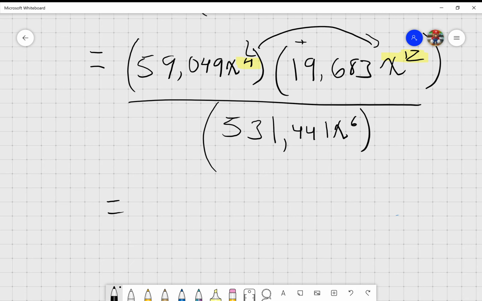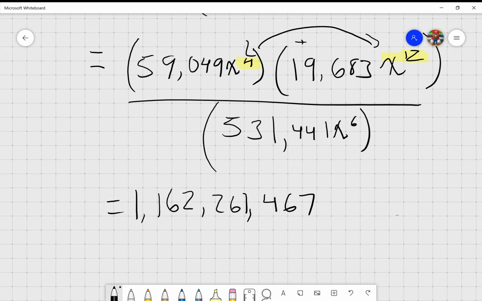Let me just put this all into my calculator. We get a large number. We get 1,000,000, or is that a billion? Let's write this down. Yeah, that's definitely a billion. 1,160,000. I forgot the one. 261.